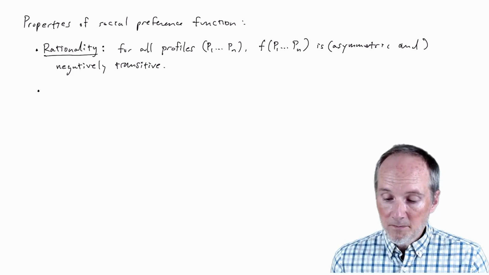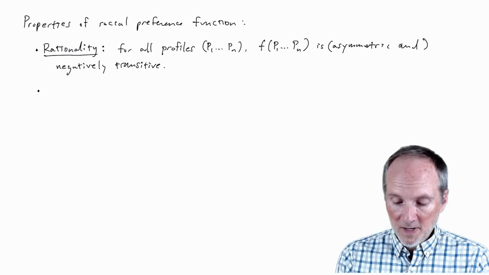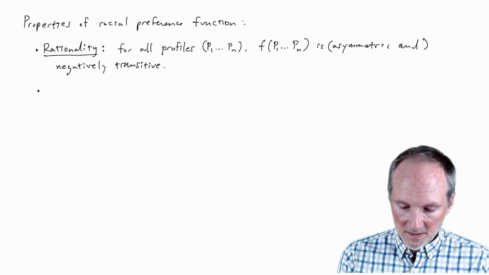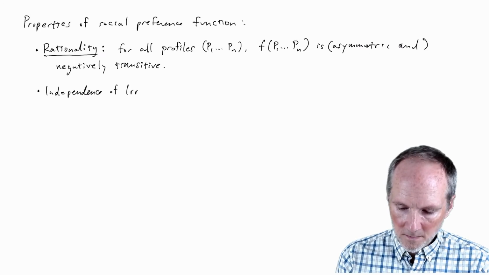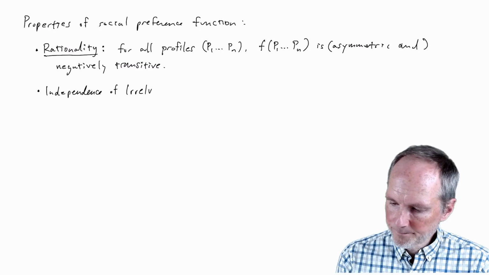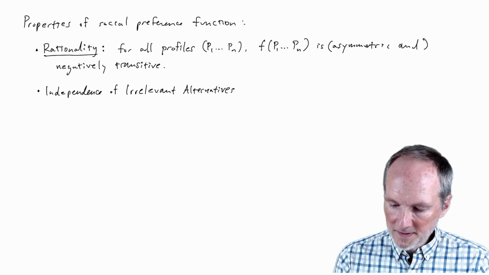We can actually formalize that in this framework, and this is Arrow's contribution. He defined this property as independence of irrelevant alternatives, and just so I don't have to say that and write it out again, we'll call that IIA.